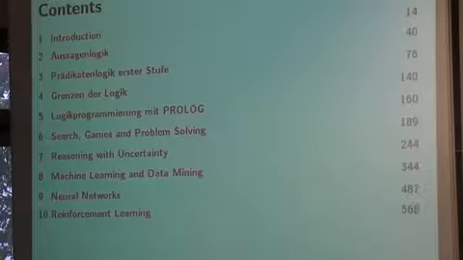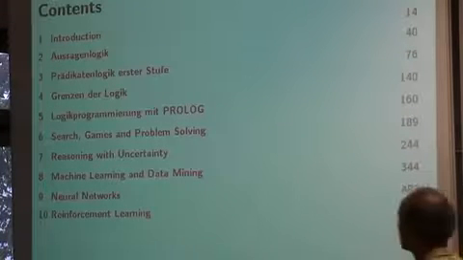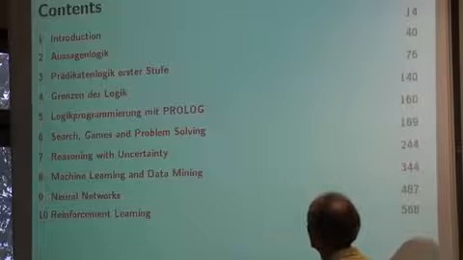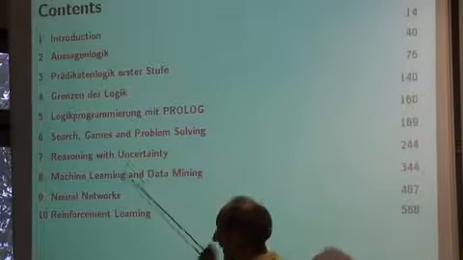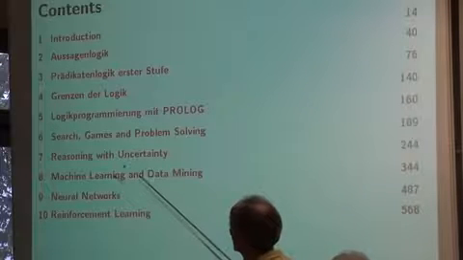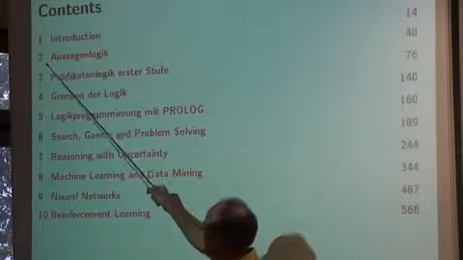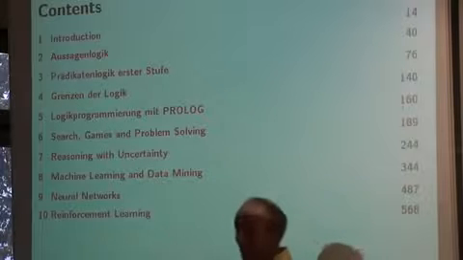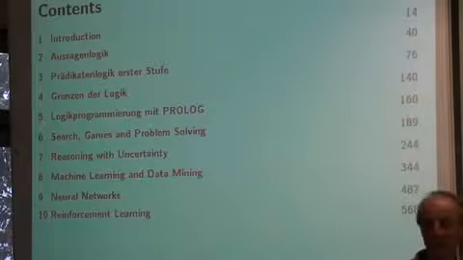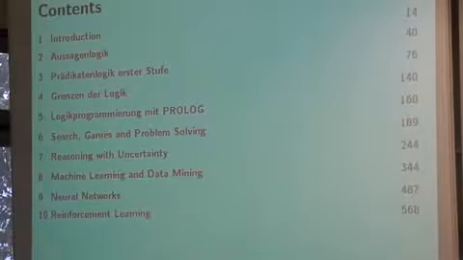Here we have the table of contents, and I have to say that this lecture includes all the chapters except number 2 to 5, which is the logic part. So there will be no logic in this lecture.